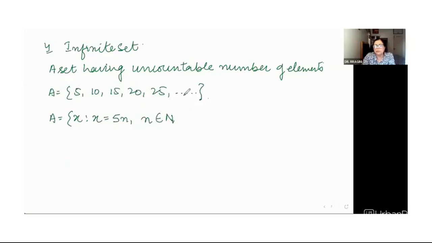Here, there is no last element known, so we have to end our set description here. Since there is no limit to the natural numbers, we have no limit to the multiples of 5 here. So such kind of sets are called infinite sets, right?